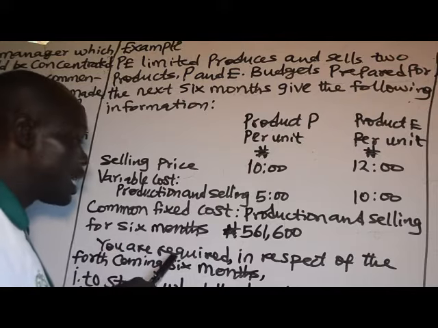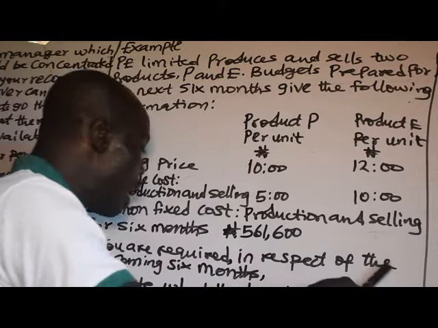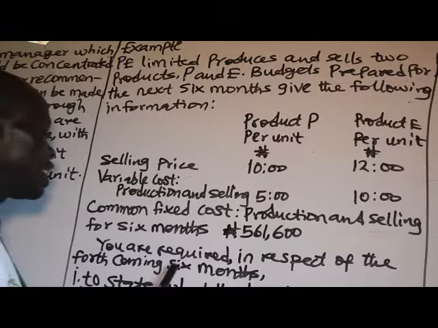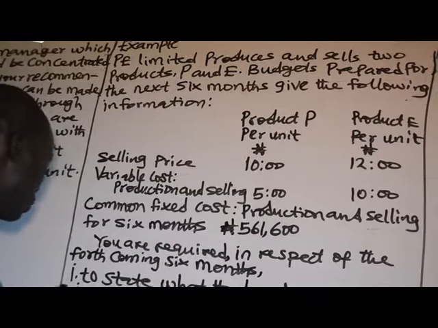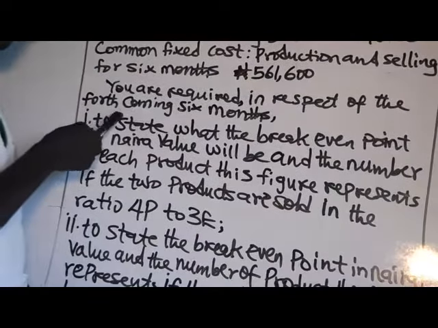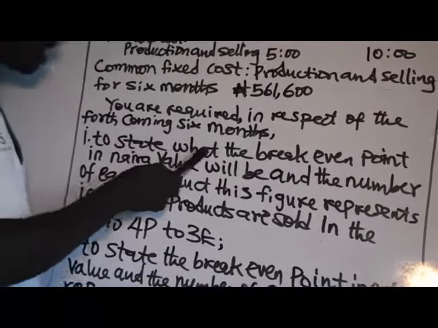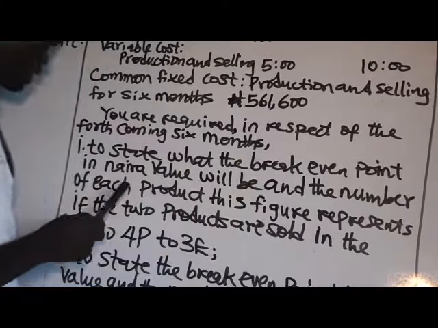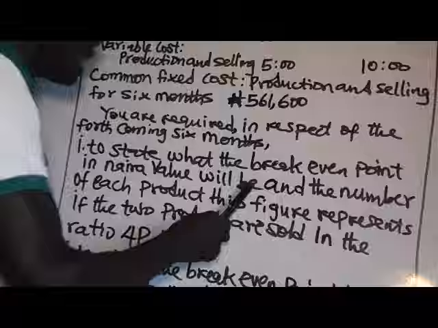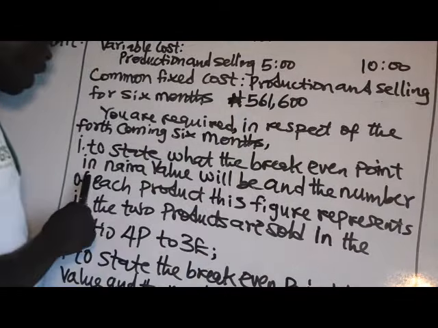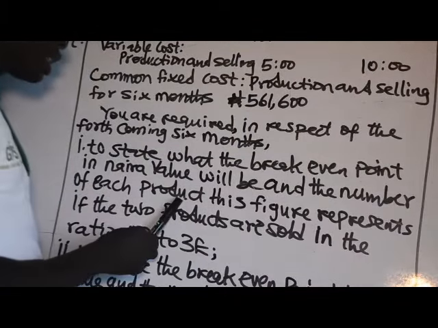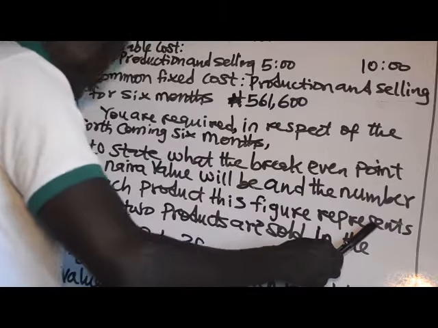You are required, in respect of the forthcoming 6 months, 1, to state what the break-even point in Naira value will be and the number of each product this figure represents.